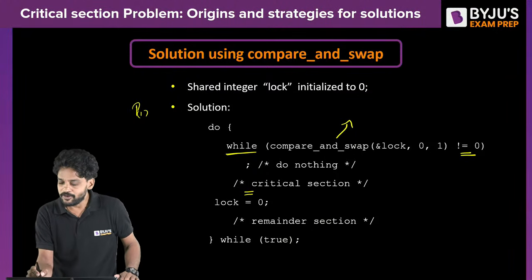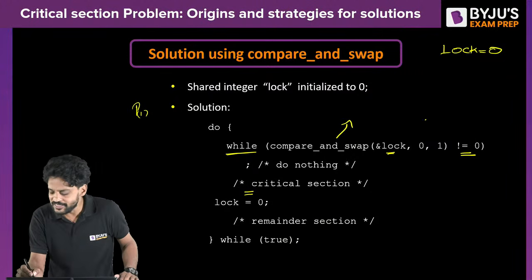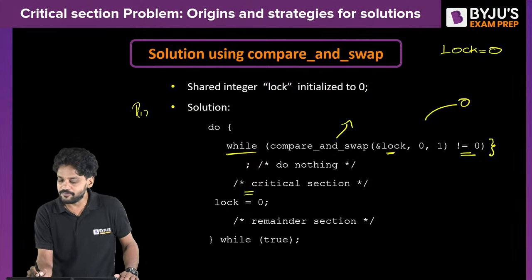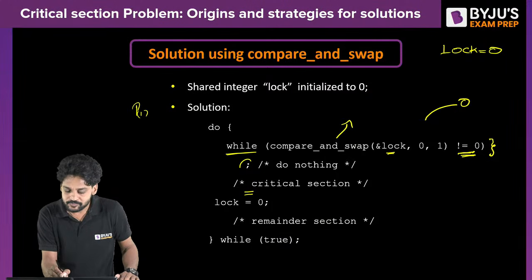What does compare and swap do? Let us say the initial value of the lock is equal to 0. Then obviously the function will return 0. Obviously this condition fails. Compare and swap ampersand lock, 0, 1. If this function doesn't return 0, then you will be in the while loop.